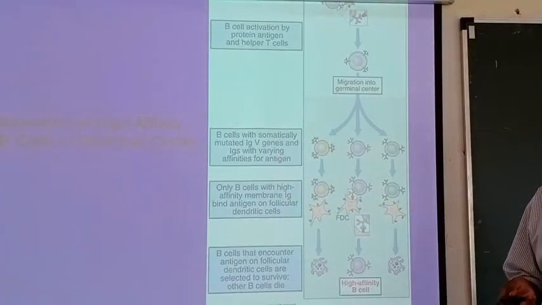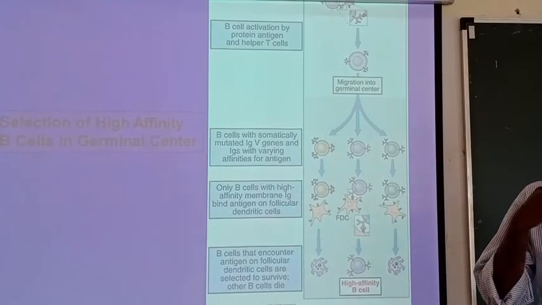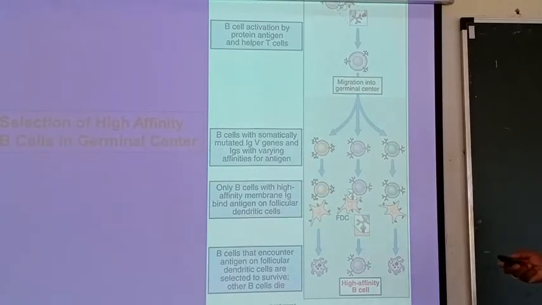Now what is the hyperaffinity? For example, these are native B cells; the antigen is attached to the B cell and it migrates to the germinal center. So this much is the activation. Once activation takes place, the maximum number of cells should be produced. So there are B cells with somatically mutated V genes, IgG with varying affinity for the antigen. This is one, this is second, this is third.